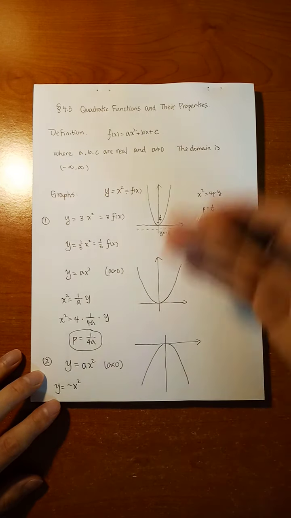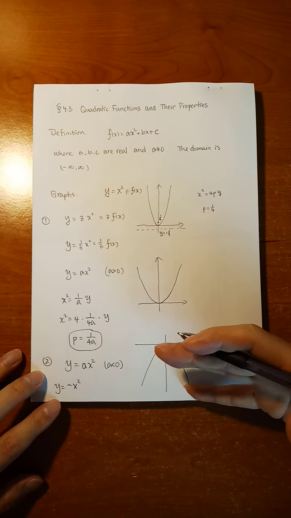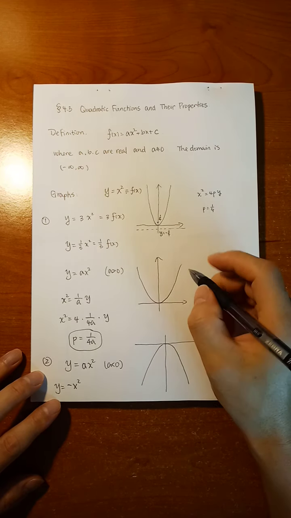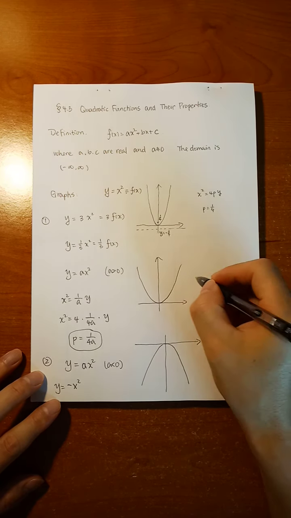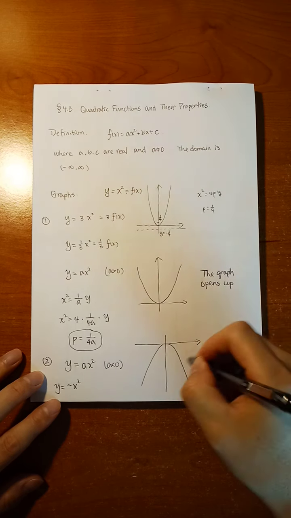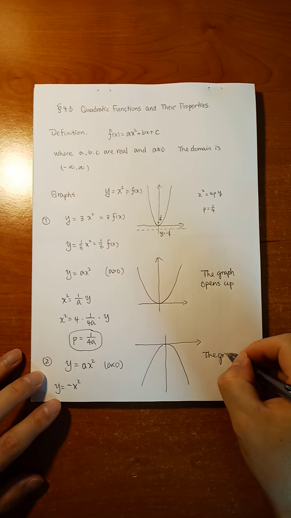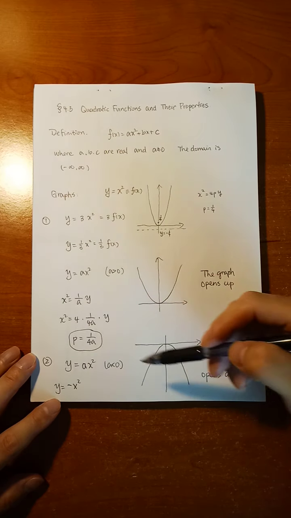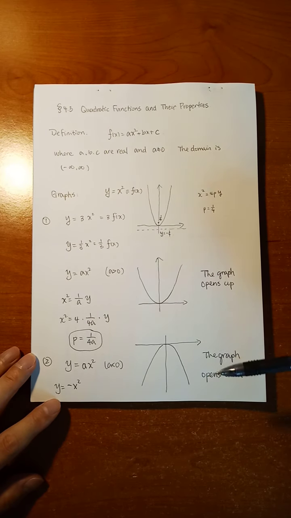It's a vertical reflection, so it's this direction, and this one is called the graph opens up. This is called the graph opens down. Okay, so for these two types of quadratic function, you will have the opens up case and the opens down case.